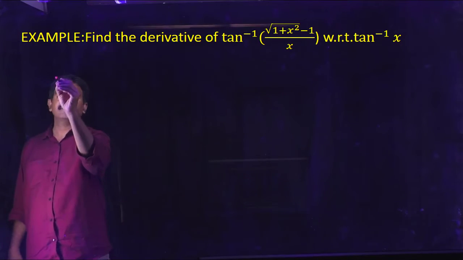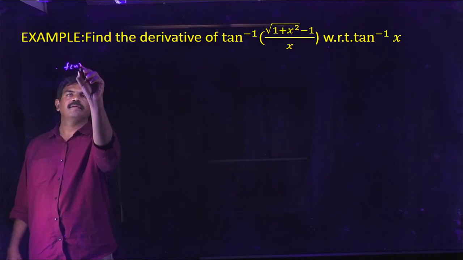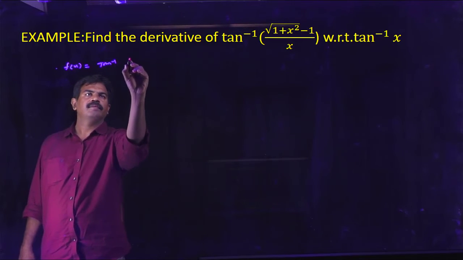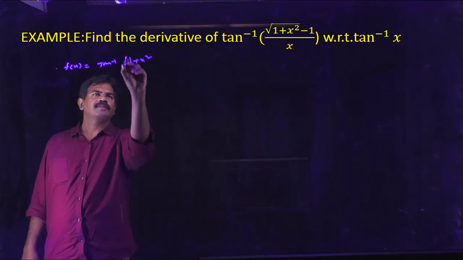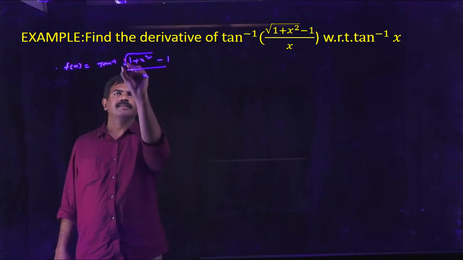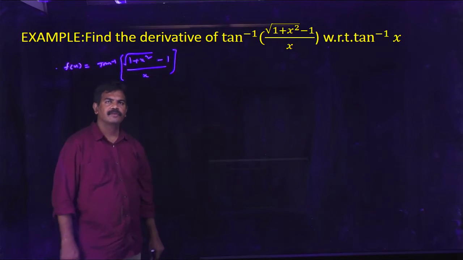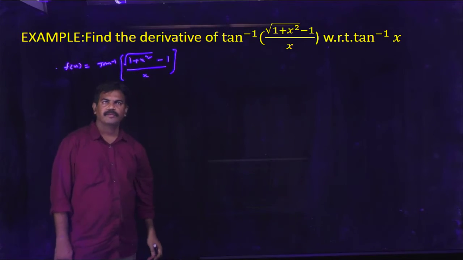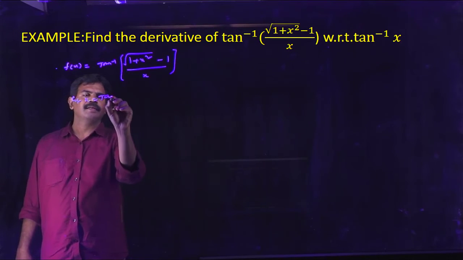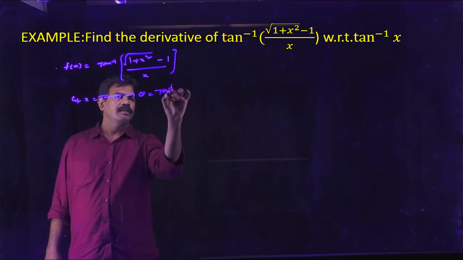Take f of x is equal to tan inverse of root of 1 plus x square minus 1 by x. Second one is that is g of x is equal to tan inverse x. Now put here x is equal to tan theta, that is theta is equal to tan inverse x.